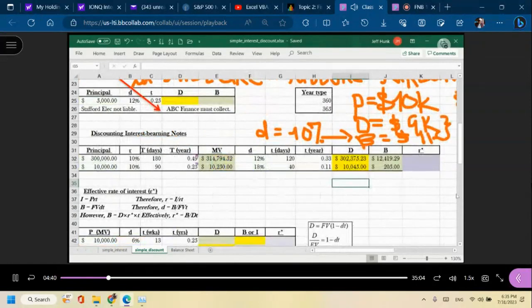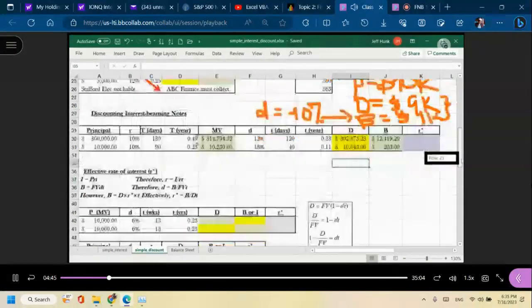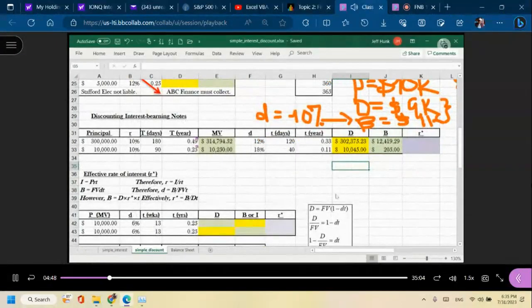So our next question is, how do you calculate the effective interest rate?